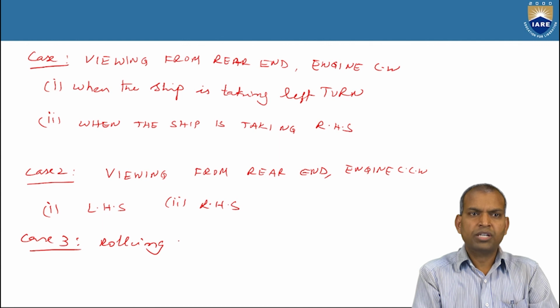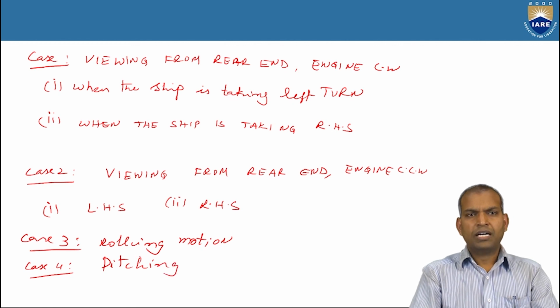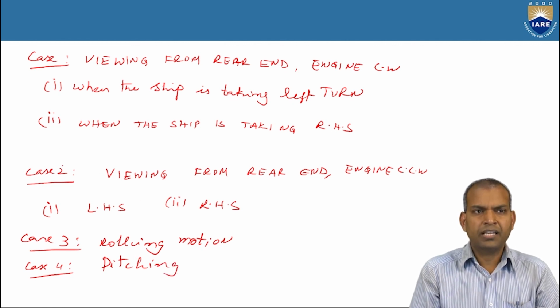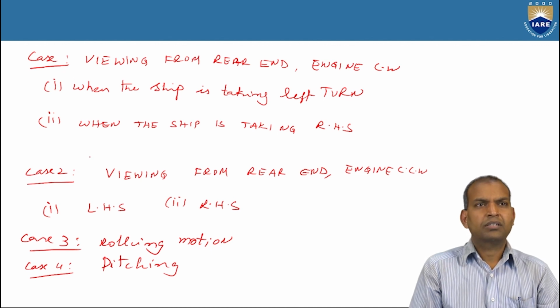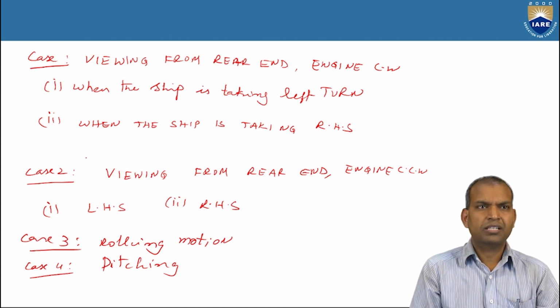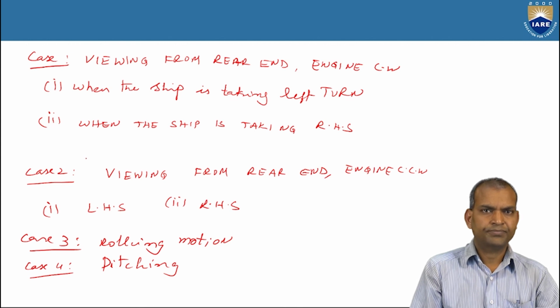During rolling, what is the gyroscopic effect? And case 4, during pitching, what is the gyroscopic effect? So under the study of the ship or sea vessel, these are the 4 different studies.